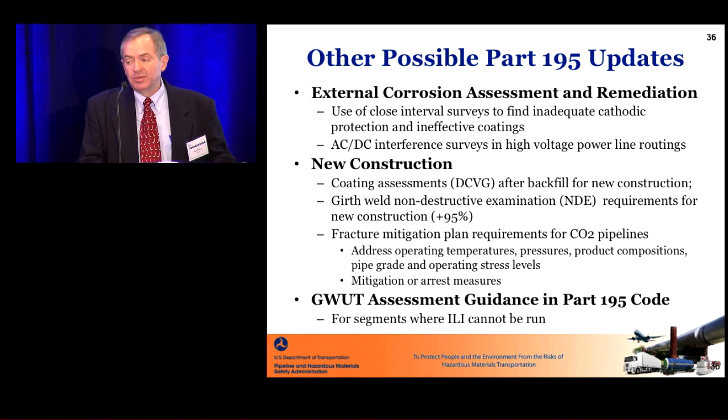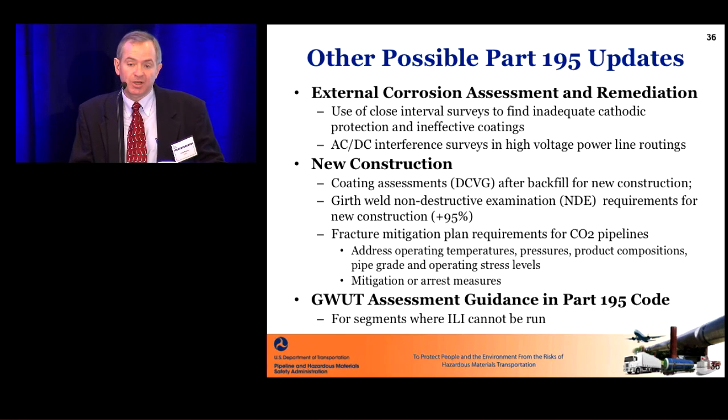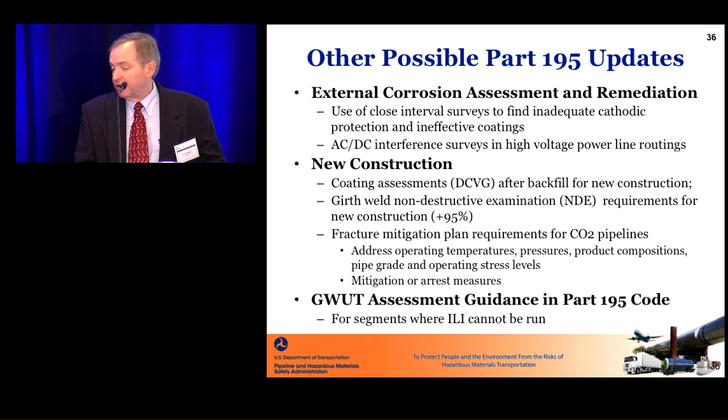PHMSA's looked at hundreds of these, and it's approved hundreds of them. We've also had several of the operators go back and rewrite their plan before we've given a no objection. But should we just put these guidelines in the code rather than an operator having to go for a no objection? I think that'd be more prudent. Because, again, the vast majority are doing a very good job of this.